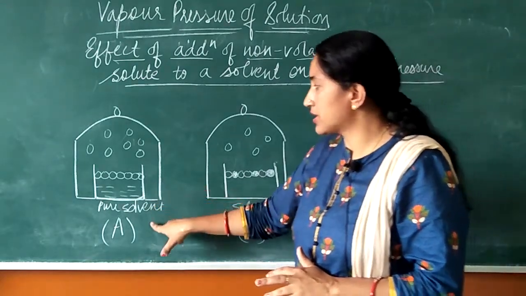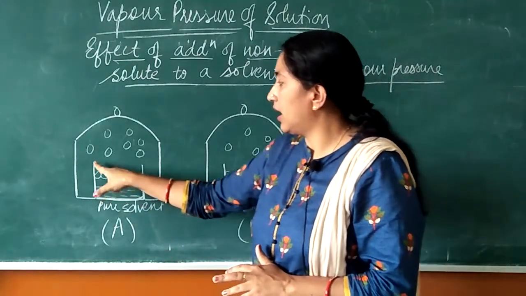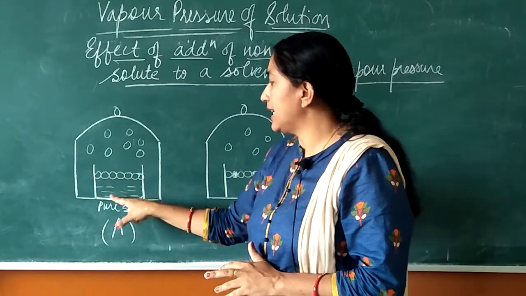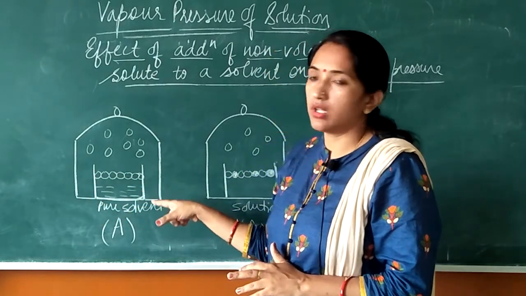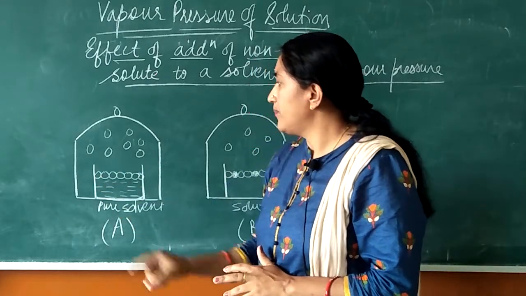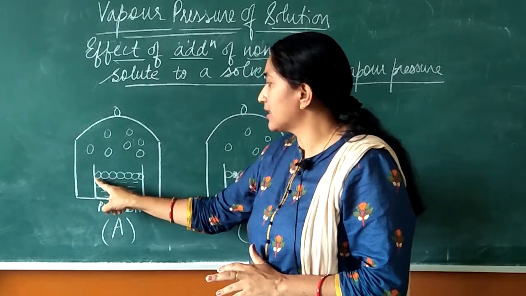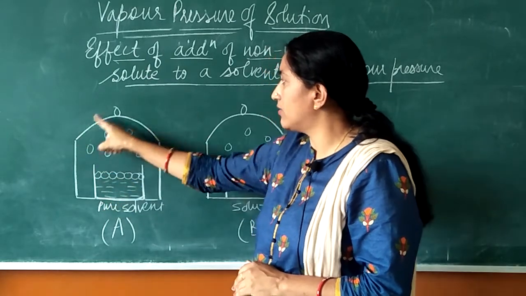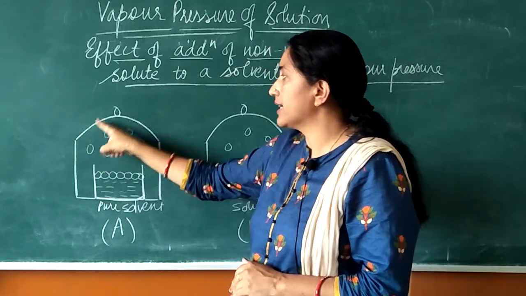The first is depicted as A and the second as B. Now let's see the first case. Here a beaker contains the pure solvent. Let it be water. The container is covered so that the vapor doesn't escape.